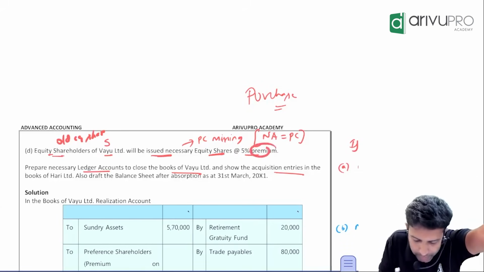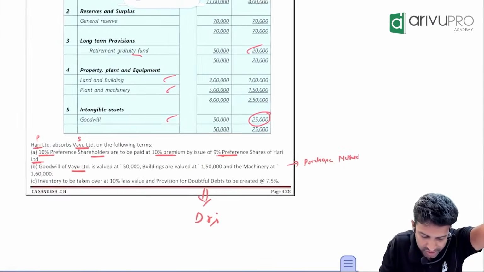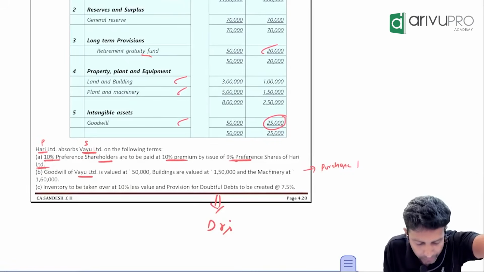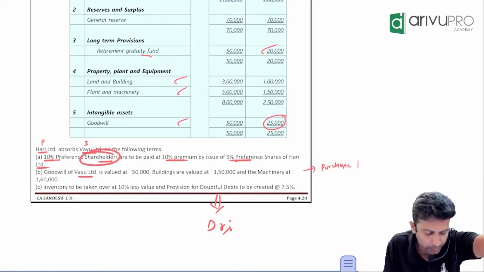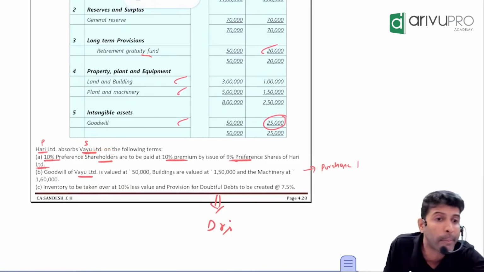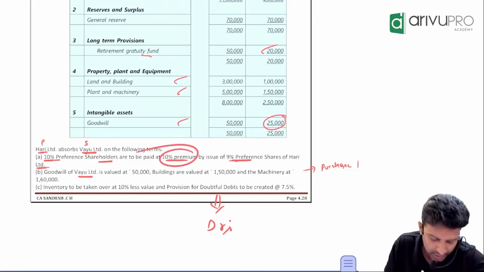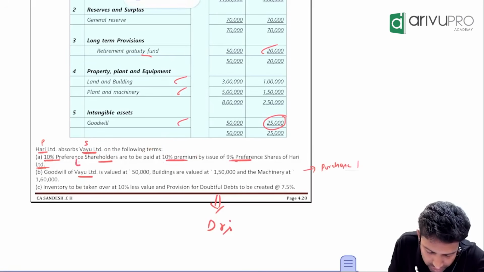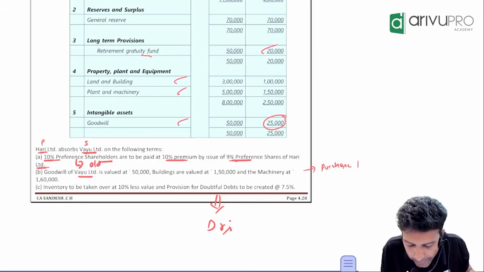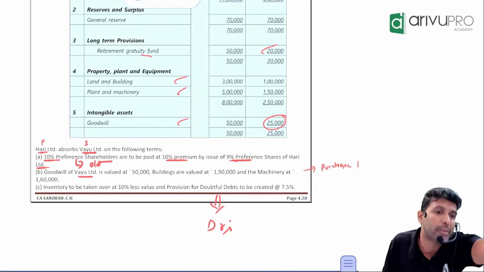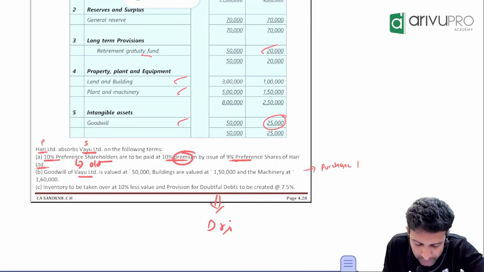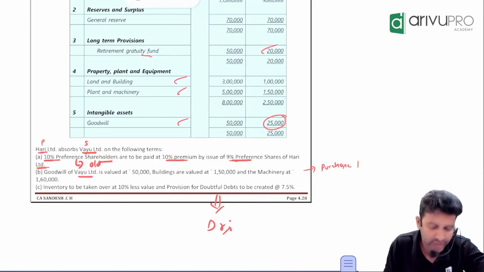What did I say? Tell me once again. If this word premium, like here, check this adjustment. Read this adjustment. Important: 10% preference shareholders are to be paid at 10% premium. This 10% preference shareholders means it is old preference shares. They are paid at par or 10% premium. So this word premium is used next to new or next to old?